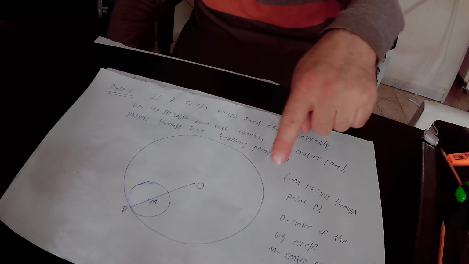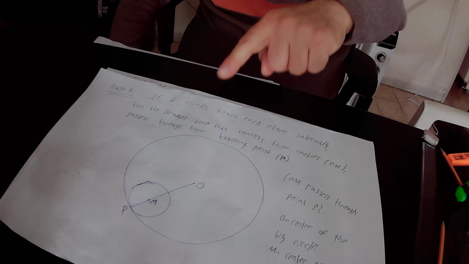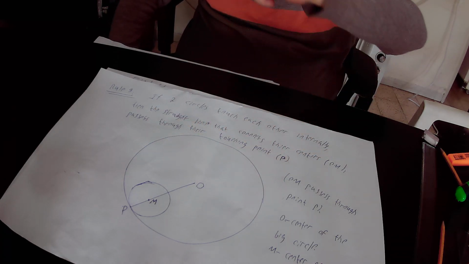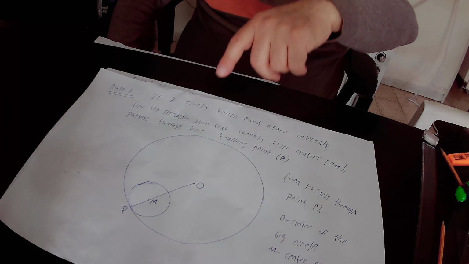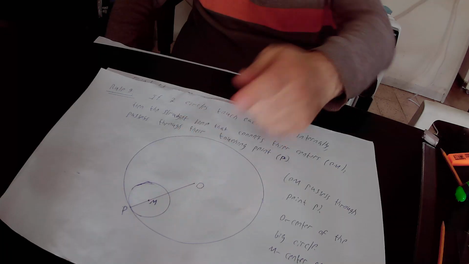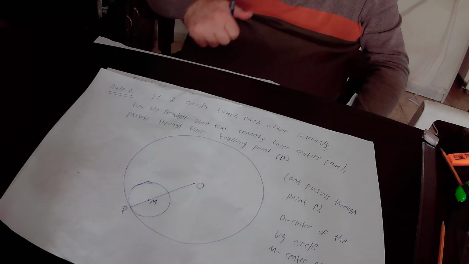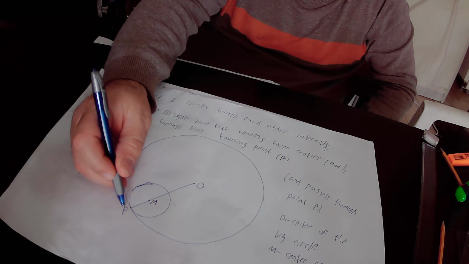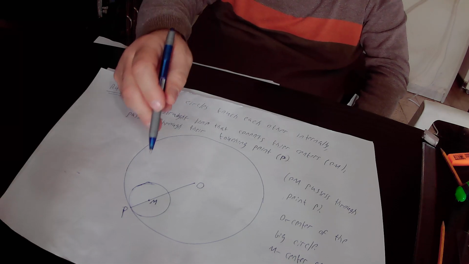So in the drawing we have two circles. This small circle is located inside the big circle, and those two circles touch each other internally at point P. So actually we have here an internal match between those two circles.